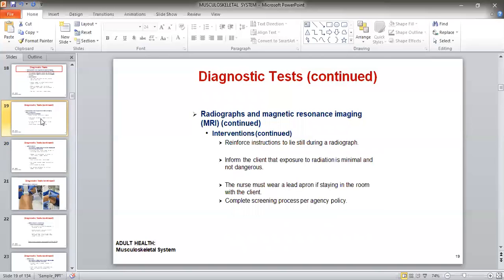Also, the ability to remain in one position for 40 to 60 minutes before MRI, you have to make sure, because some patients have claustrophobia, so you have to take note. And also, if a patient is in very bad condition with a nasogastric tube and needs an MRI, definitely we have to remove the nasogastric tube, okay? Or if a patient has any birth control implant or patch, we have to remove it before the procedure.